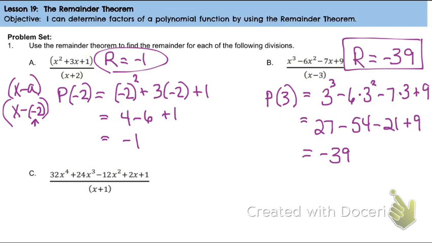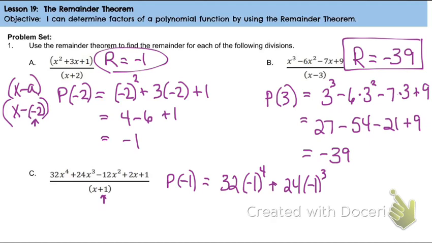Okay, the next one, again we have the x plus 1, so our a value is negative 1, so we're going to find p of negative 1. It's the opposite of whatever that is. Alright, so we have 32 times negative 1 to the 4th power plus 24 times negative 1 to the 3rd power minus 12 times negative 1 squared plus 2 times negative 1 plus 1.